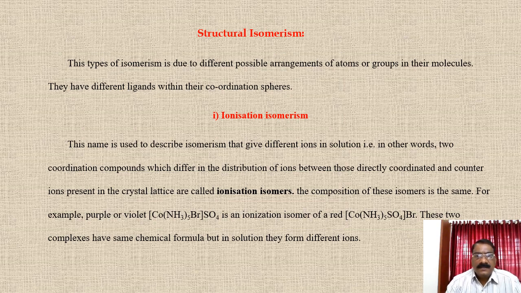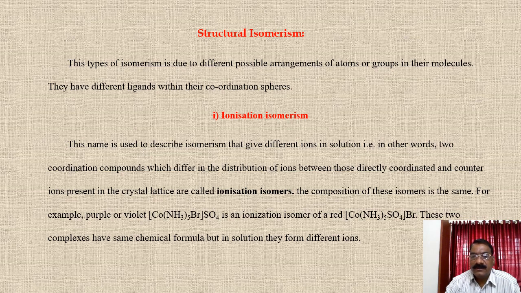The first, structural isomerism. This type of isomerism is due to different possible arrangements of atoms or groups in their molecules. They have different ligands within their coordination sphere. In this first type, ionization isomerism, this name is used to describe isomerism that gives different ions in solution.